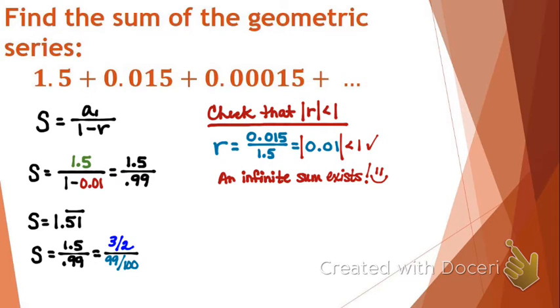And now what can I do to simplify this so that I can have a rational number instead of a repeating decimal? Multiply? Yes, we're going to multiply by the reciprocal. So I'm going to have 3/2 multiplied by the reciprocal, 100/99. And that will simplify to 50/33.